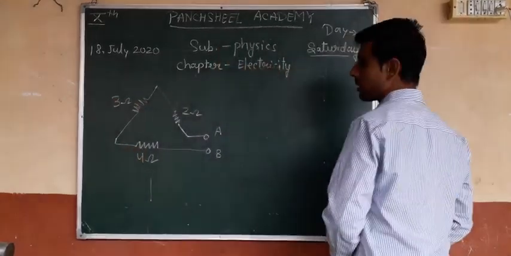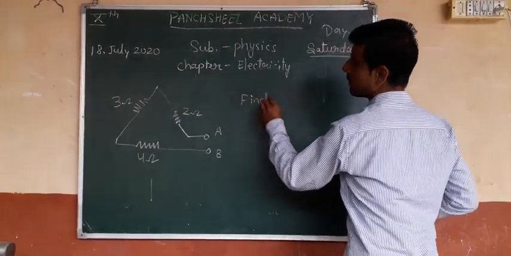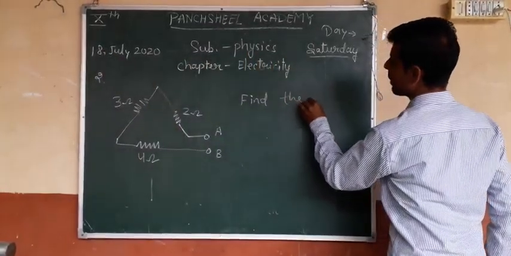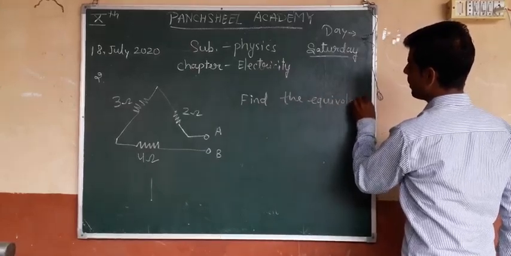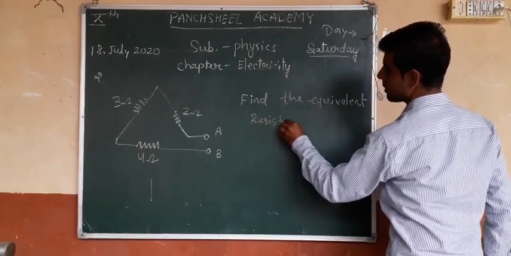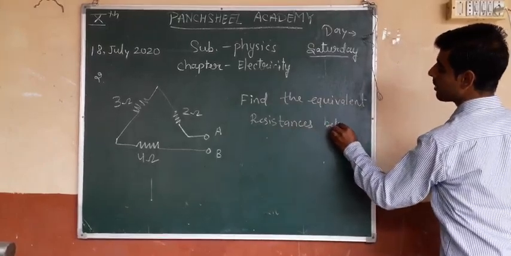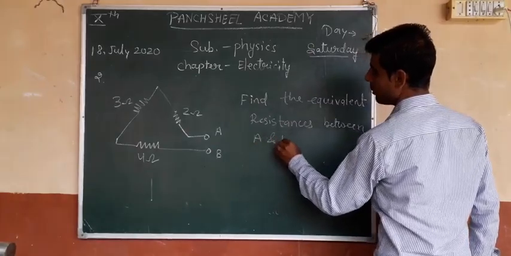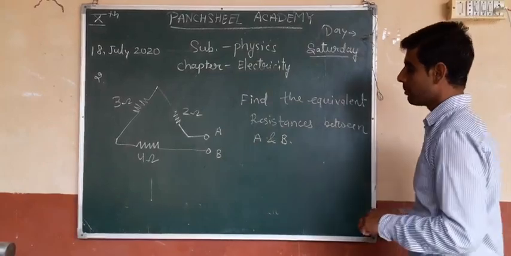So what is the question? Numerical number 2: find the equivalent resistance between A and B.